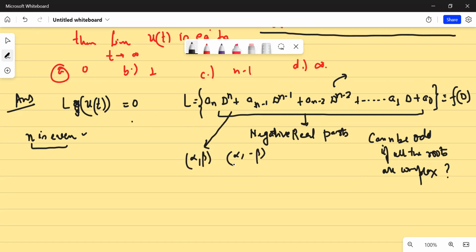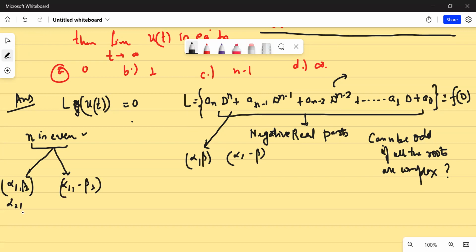So if all the n roots are there and they are all complex, then the total number of roots must be even. It cannot be odd, because if one survives, then what about the conjugate of that lone survivor? Is that clear? So if n is even, then if alpha_1 plus i beta_1 exists, then alpha_1 minus i beta_1 would surely exist.